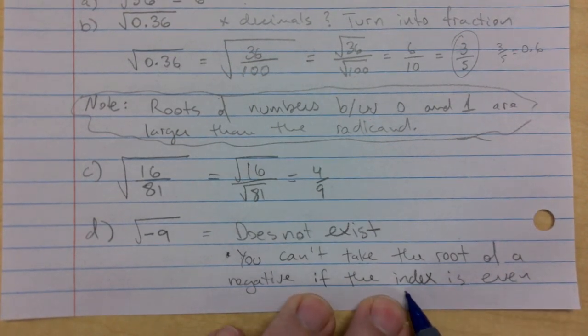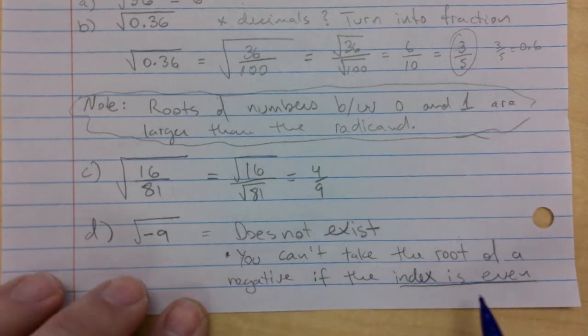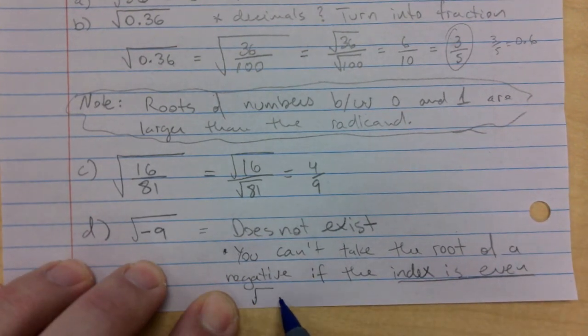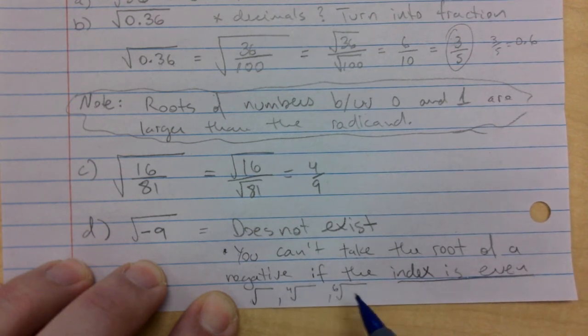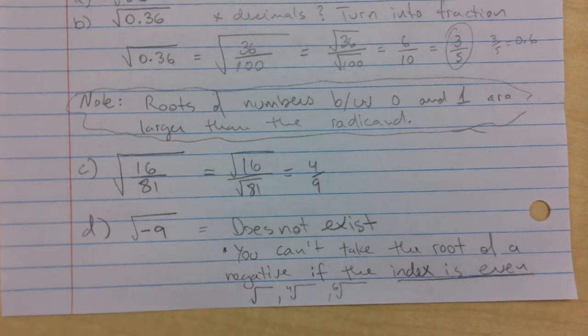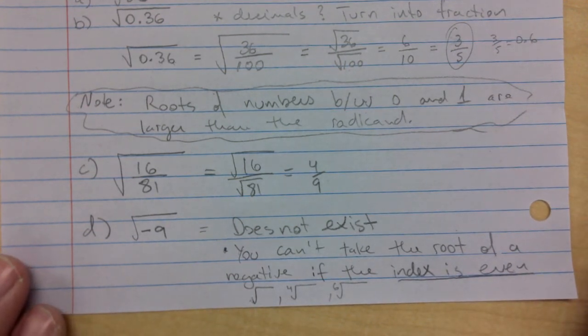So this is very important. So what's an even index? Well, it's a square root, a fourth root, a sixth root, anything. Like this would be a 2 here, right? 2, 4, 6, any even index, you cannot take the root of a negative value. It just cannot be done.